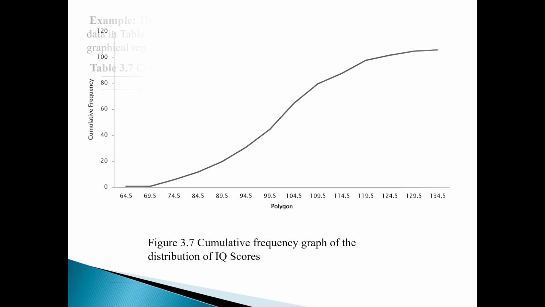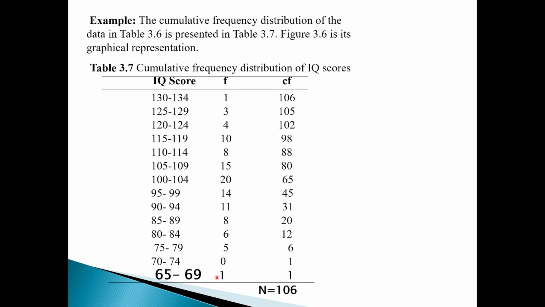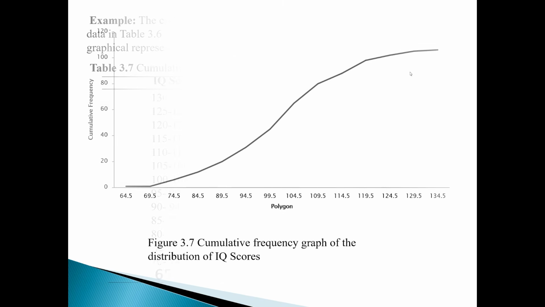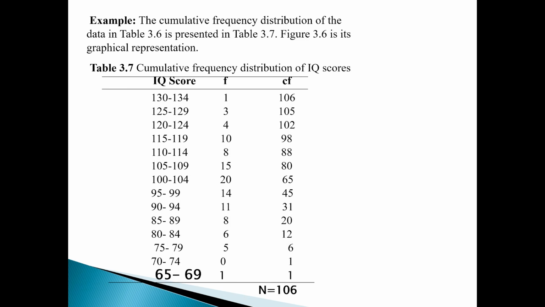So instead of plotting this frequency, it should be 1, 0, right? 105. No. Look at it. It's 1, 1, 6, 12 until 106. So look here, it is until 106, right? So you plot actually the cumulative frequency.